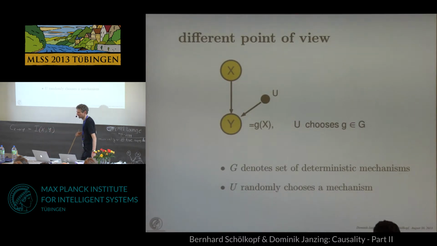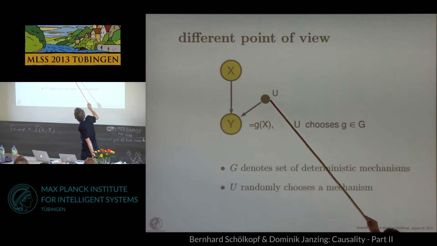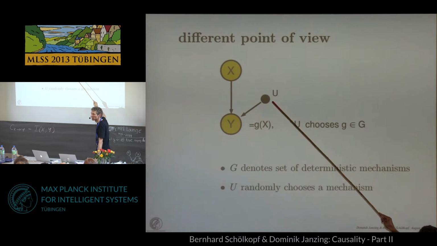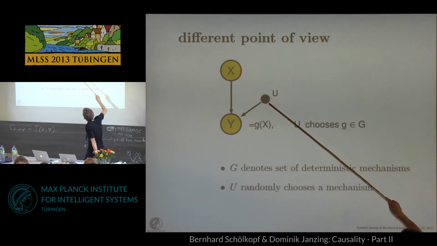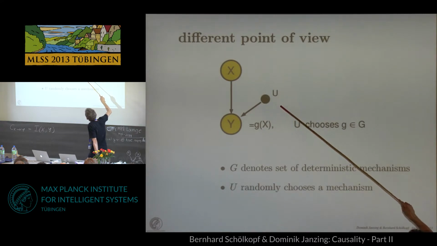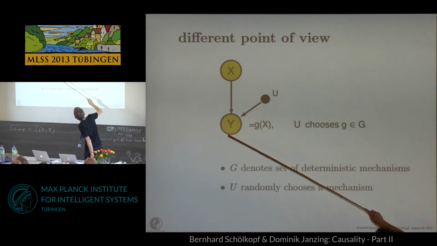You can look at these structural equation models also from a different point of view, and consider the noise variable as function valued. So the set of possible noise values is the set of possible functions from x to y.